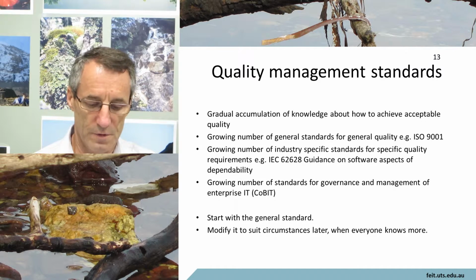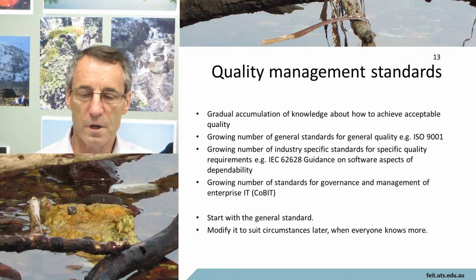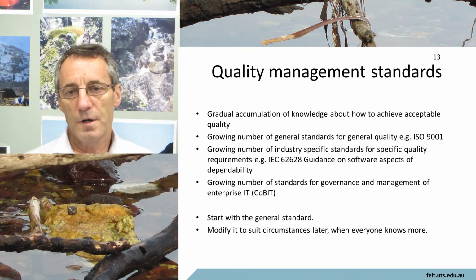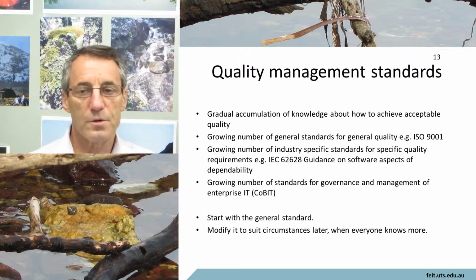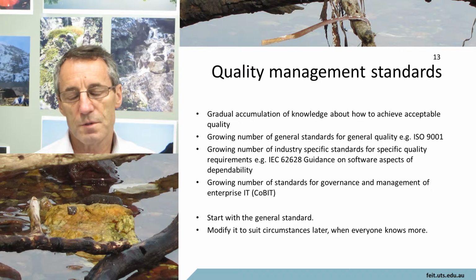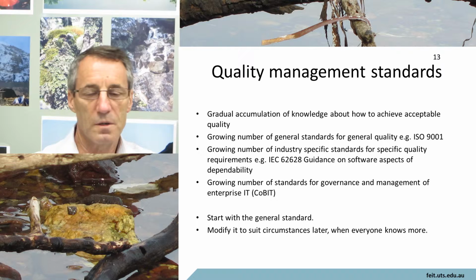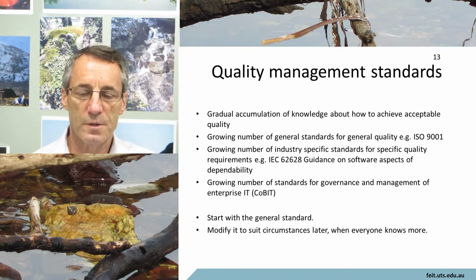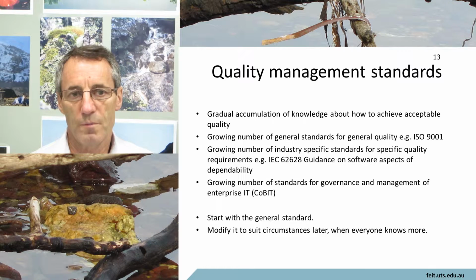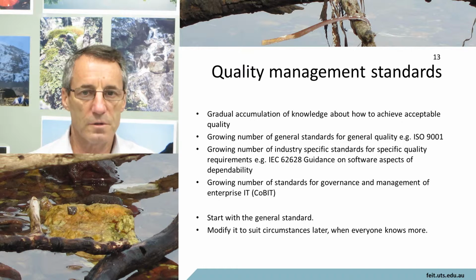One that I can think of is IEC 62628, which is guidance on software aspects of dependability. Now, IEC is the International Electrotechnical Commission, as opposed to ISO, which is the International Standards Organization. IEC has a background of electrical engineering, and they came at this problem of dependability because they had a whole lot of standards about dependability of electronic devices.